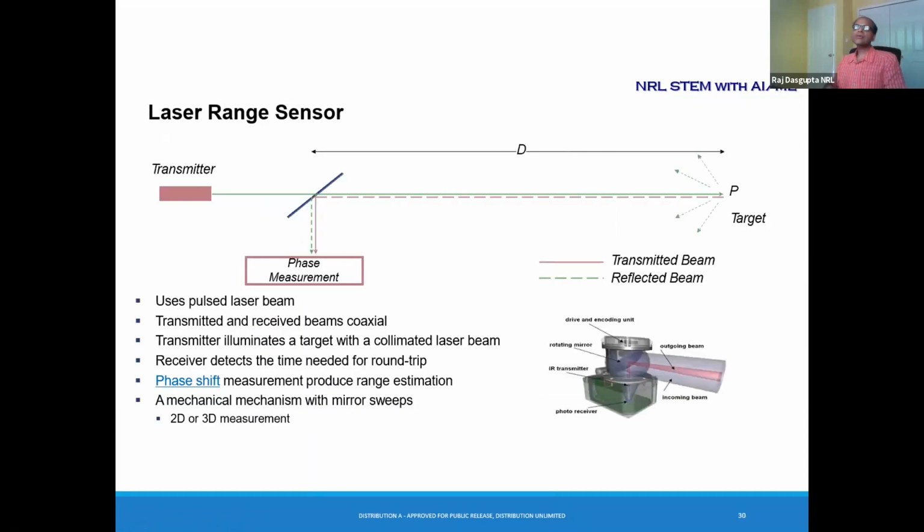The laser basically works on the same concept as the sonar ultrasonic sensor, but instead of a sound signal, it uses a laser beam as a signal. Another difference is that instead of looking at the time of flight, which is the time it takes for the signal to hit the obstacle and come back, the laser looks at the phase shift.